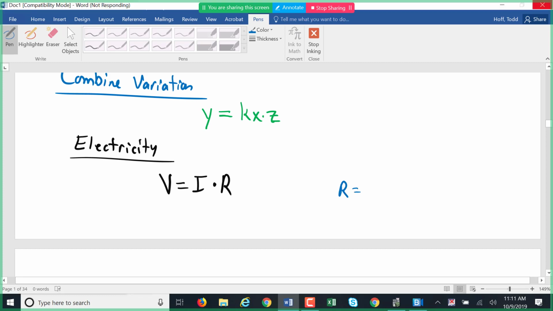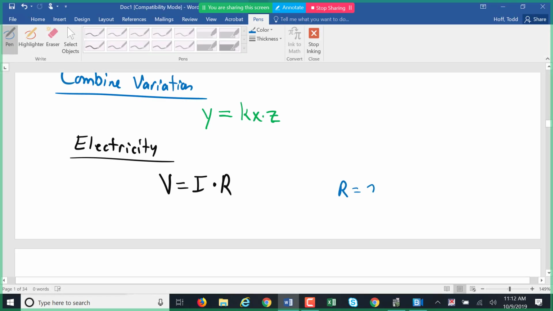Let's say the resistance is held constant at 200 ohms. That little symbol that looks like an upside down horseshoe is the symbol for ohms. You don't really need to know that. So at 200 ohms, a current of 2 amps gives us a voltage of 400 volts.